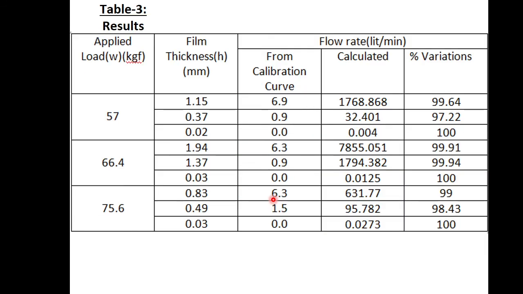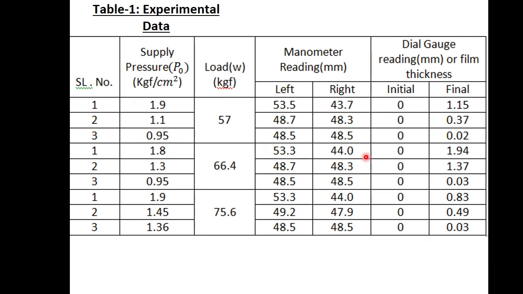This is applied load. This is the comparison: film thickness from the calibration curve, with the theoretical value calculated from the calibration curve flow rate. So actually this is your comparison for this result.